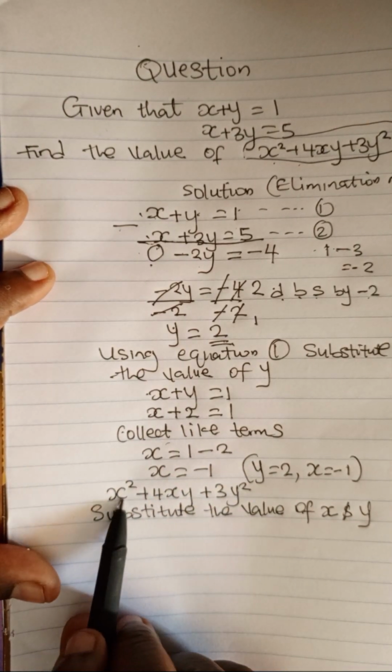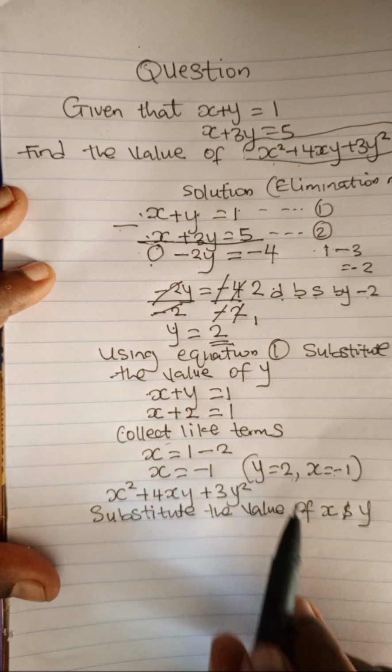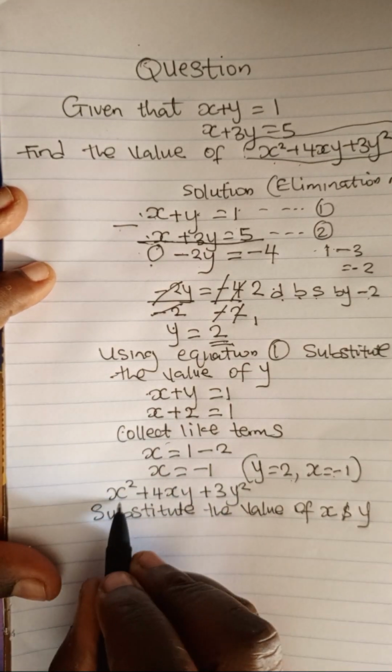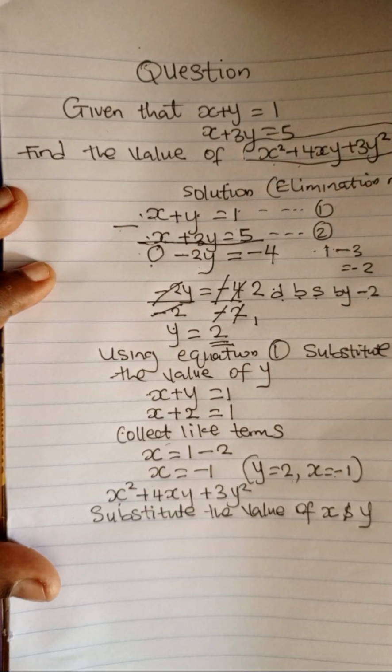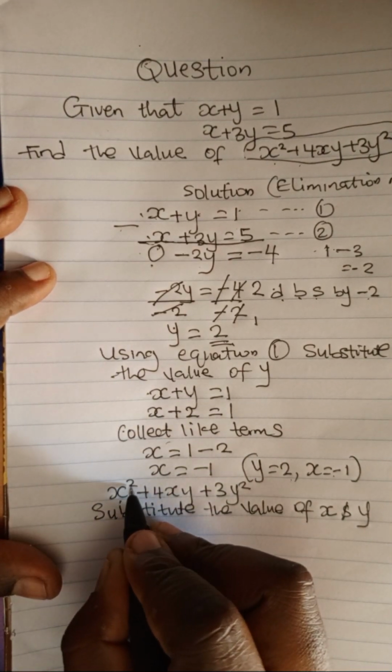Where we see x, we are going to put minus 1. Where we see y, we are going to put 2. So let's substitute that. The first one is x squared. The value of x is minus 1, so we can put that in brackets because of the square.